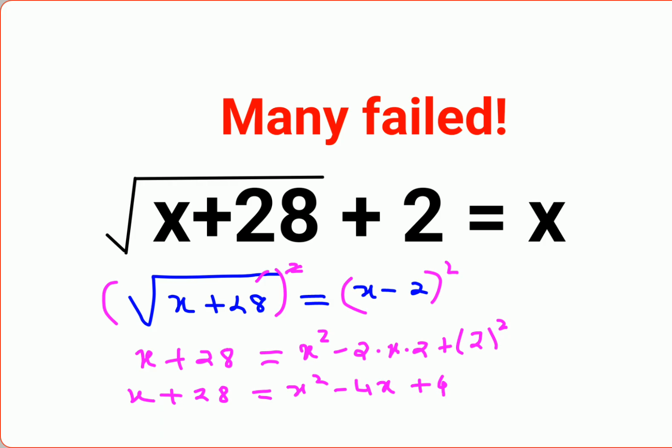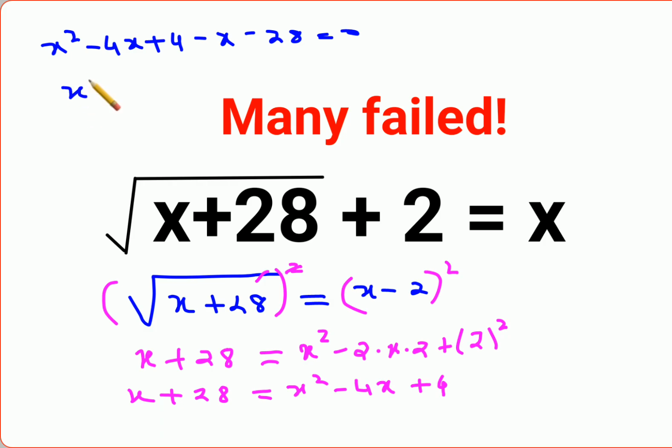Now shifting everything to the other side of the equal sign and making it equal to 0, we will have x square minus 4x plus 4 minus x minus 28 equals 0.